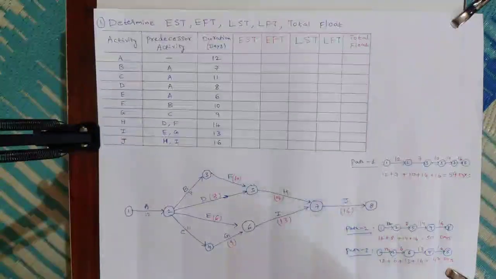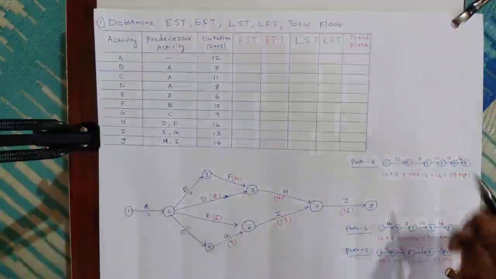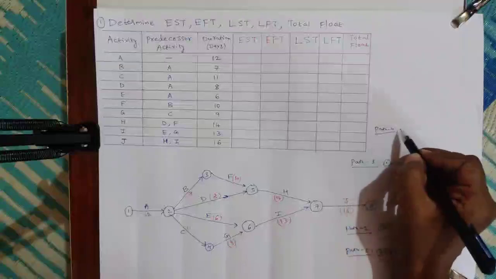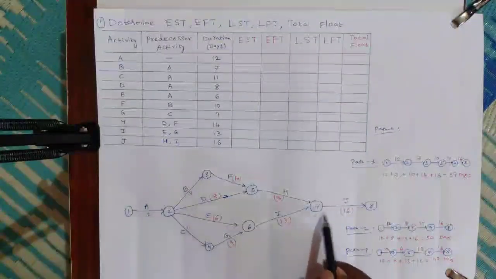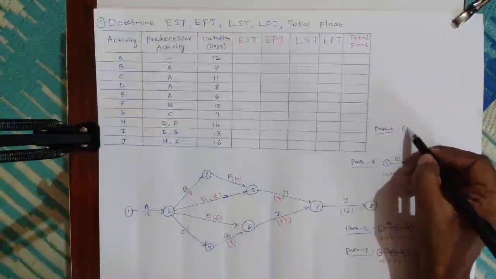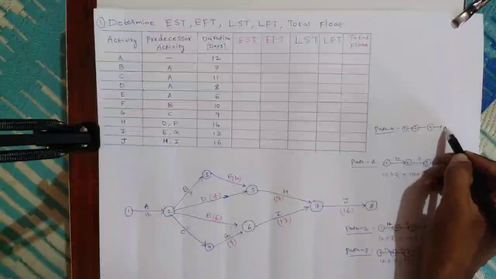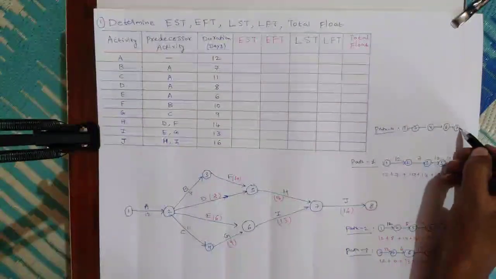Similarly, if you calculate path 4, here I will do path 4. What is the path 4 here? 1 to 2, 2 to 4, 4 to 6, 6 to 7 and 7 to 8.